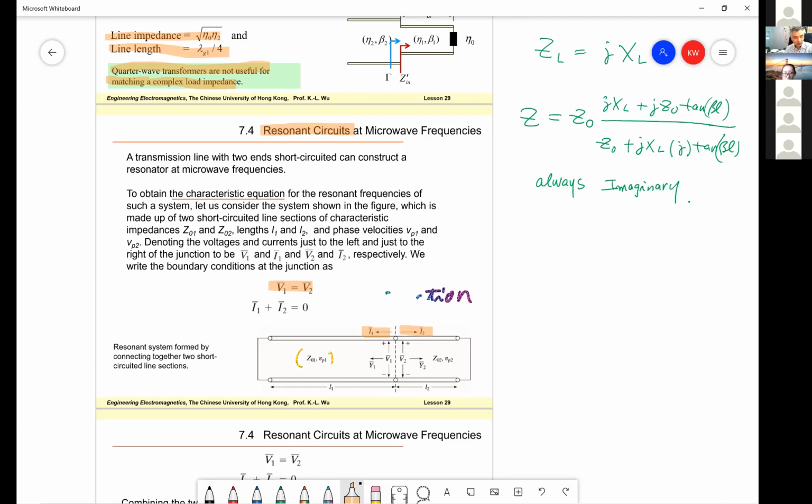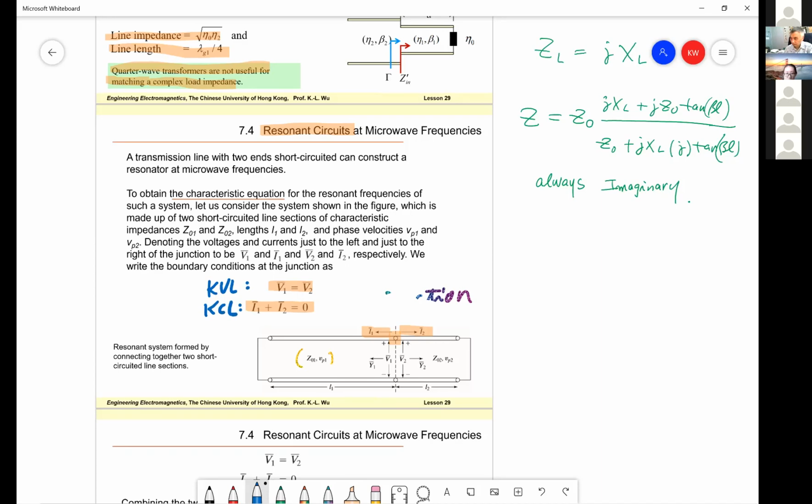The current at a particular node should also satisfy the KCL equation, so the total current going out should be equal to 0. So one is the KVL, one is the KCL.